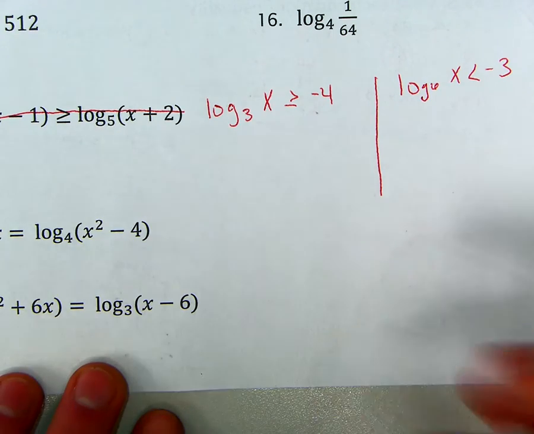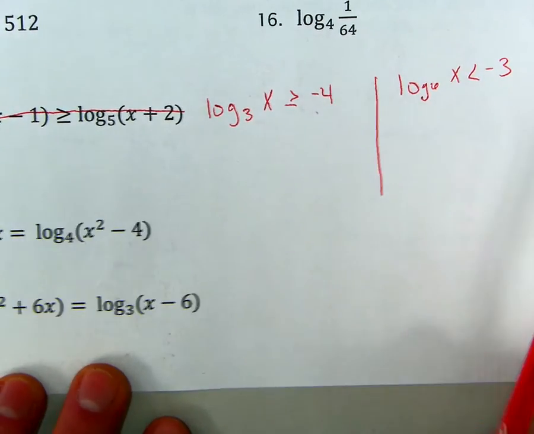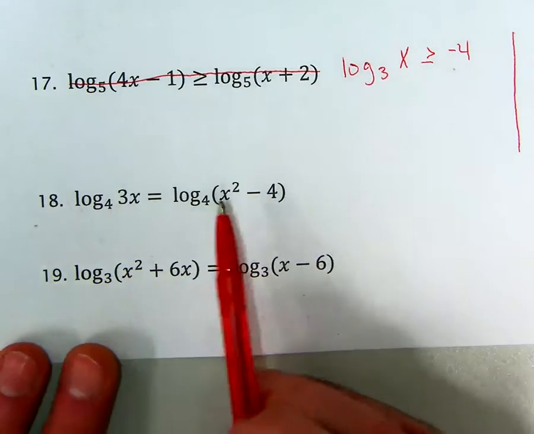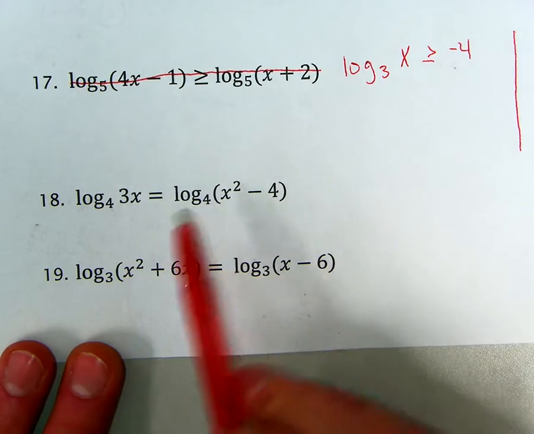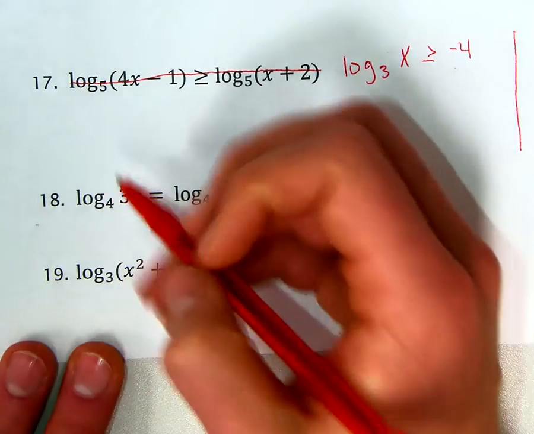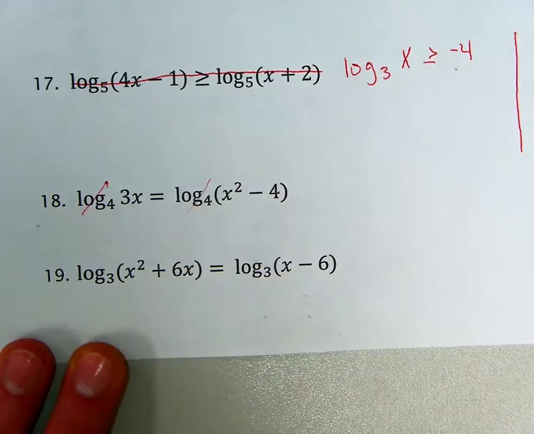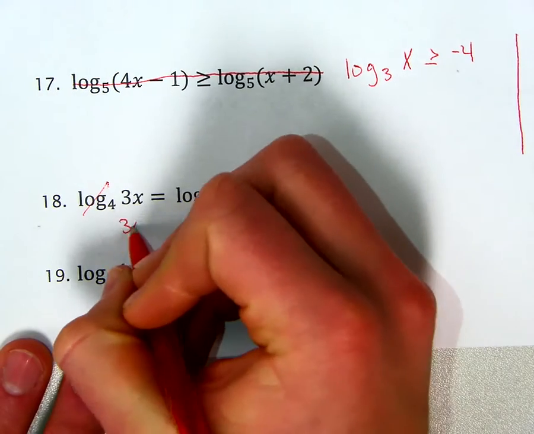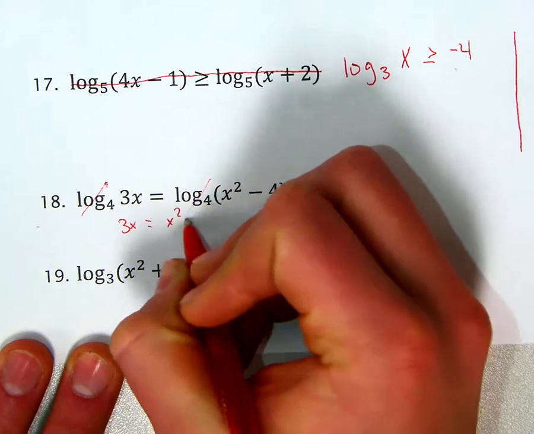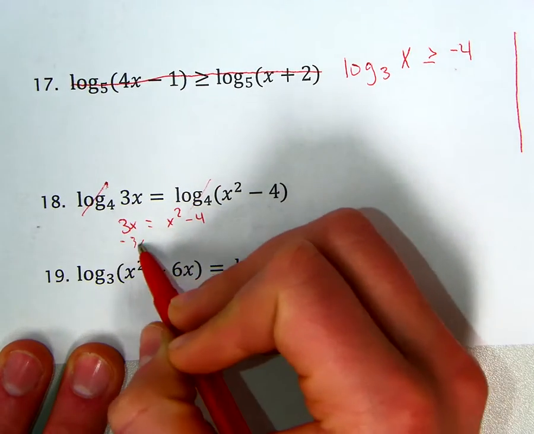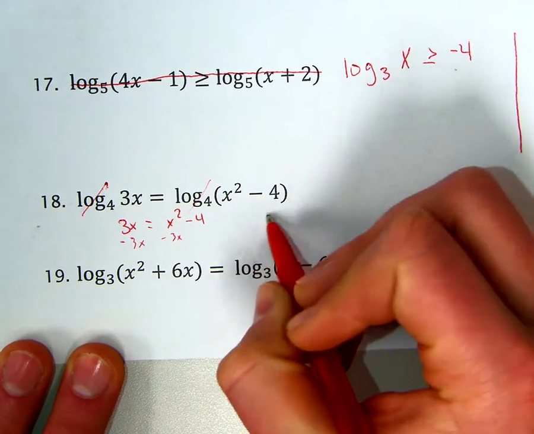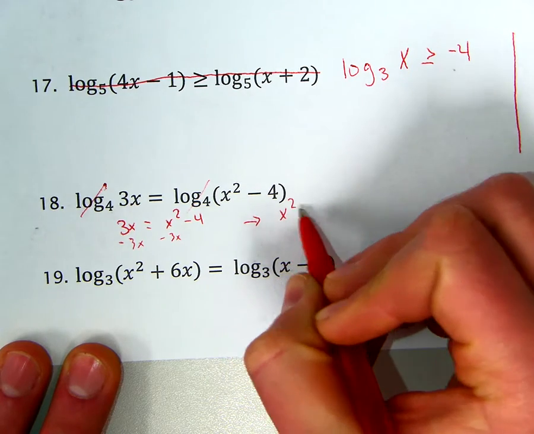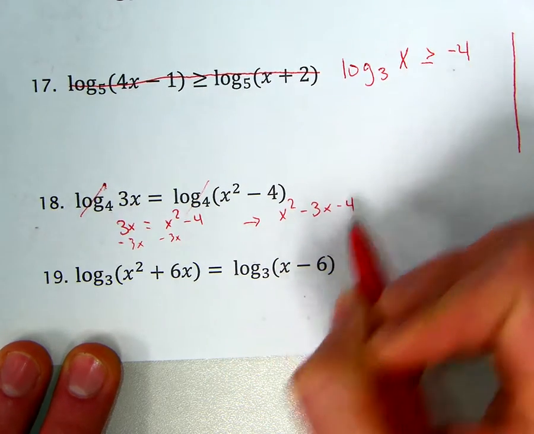Right, and you have the definitions in your notebook. If you have logs on both sides, first thing you have to do, the log 4's cancel out. Now you have 3x equals x squared minus 4. We subtract the 3x over. So now you have x squared minus 3x minus 4.